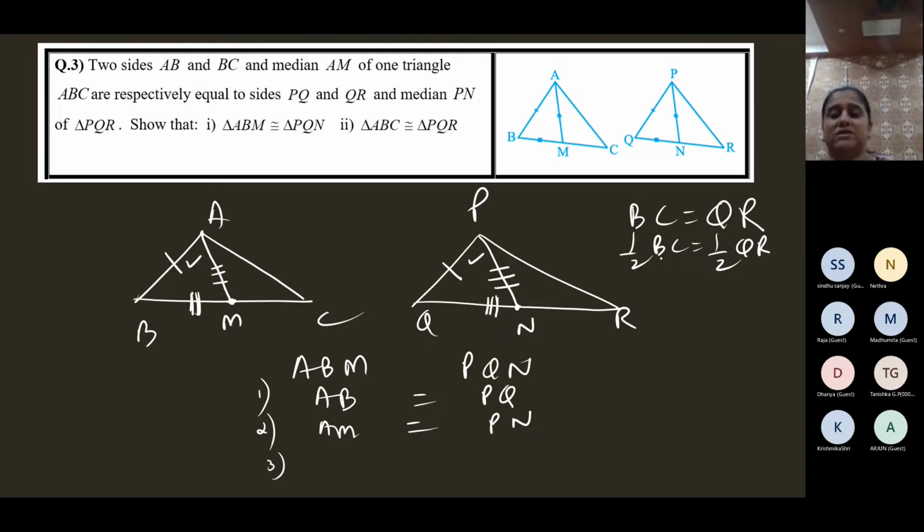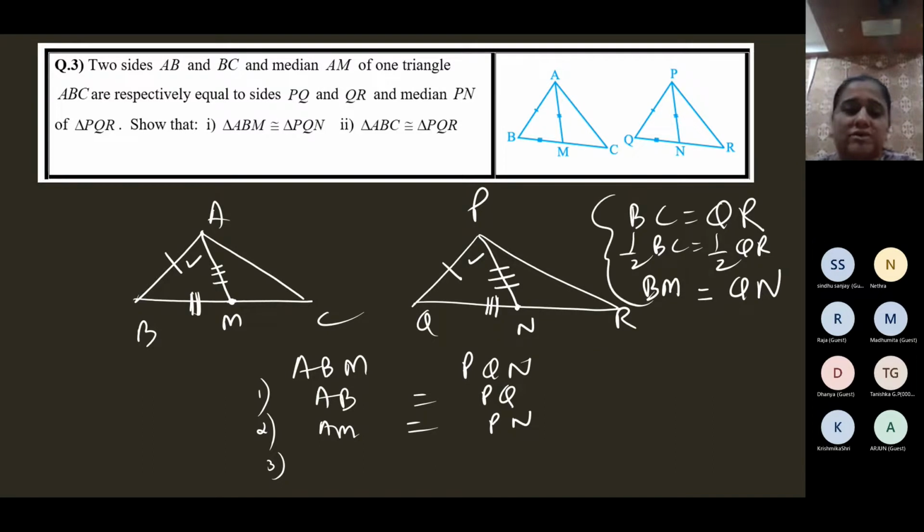Half of BC is BM or CM, but we'll write BM because that is relevant to triangle ABM. And half of QR is QN or RN, but we'll write QN because that is relevant to triangle PQN.